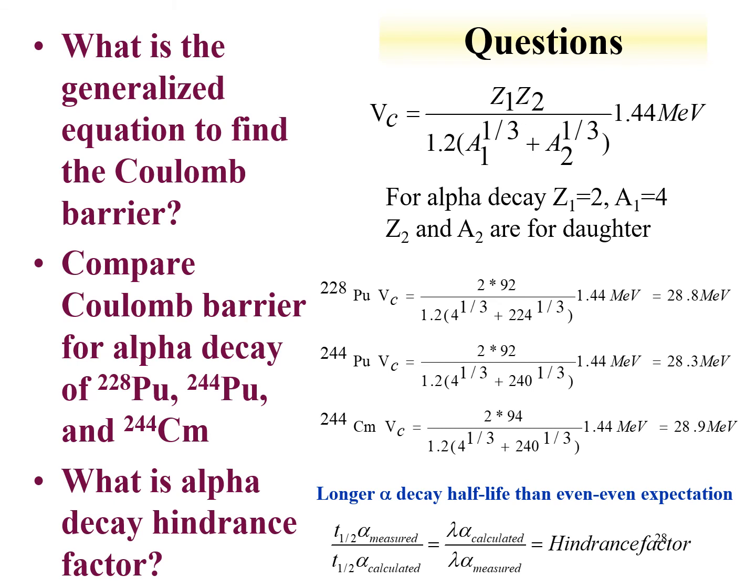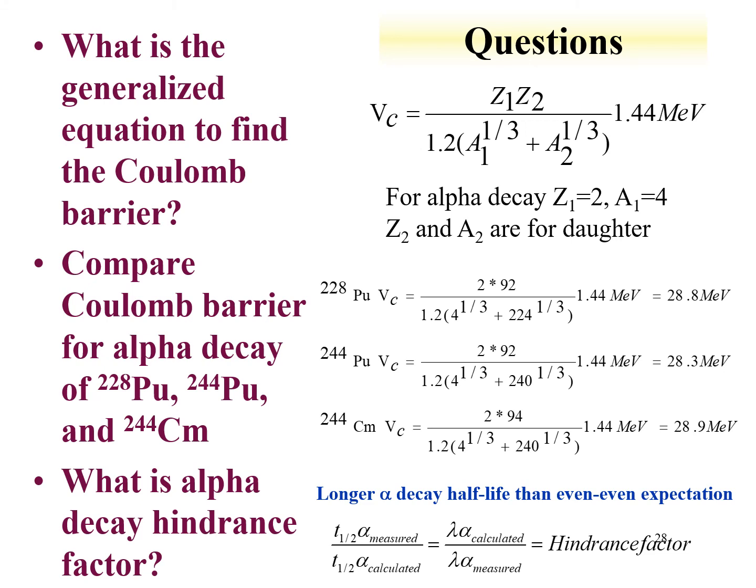So this hindrance factor is the ratio of either the measured alpha decay half-life divided by the calculated half-life, so this is greater than 1, or the decay constant that's calculated divided by the decay constant that's measured. This is also greater than 1. So you can use either the decay constant or the half-life. Again, make sure the half-life units are the same or the decay constant units are the same. And you should always remember that the hindrance factor is 1 or greater.